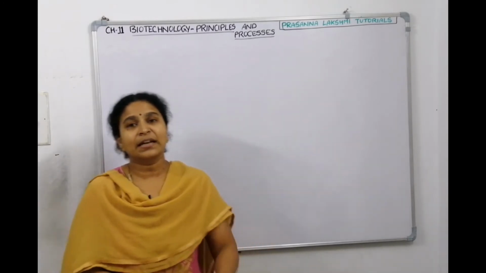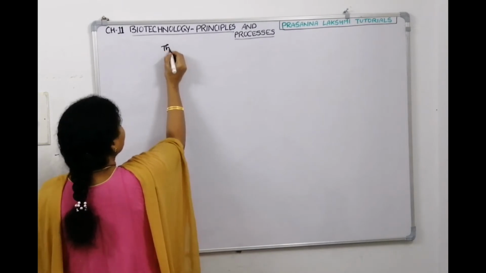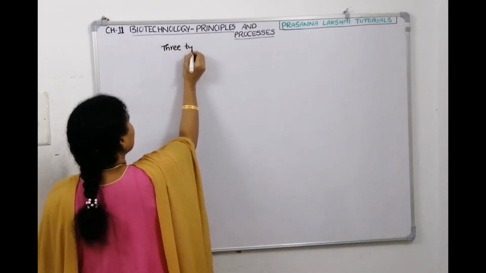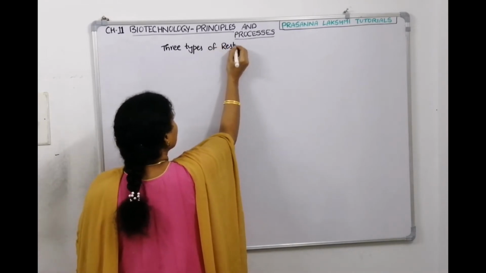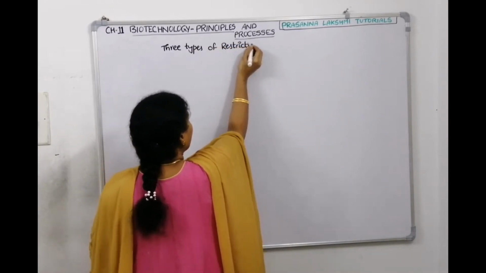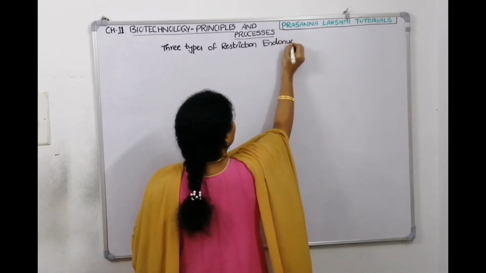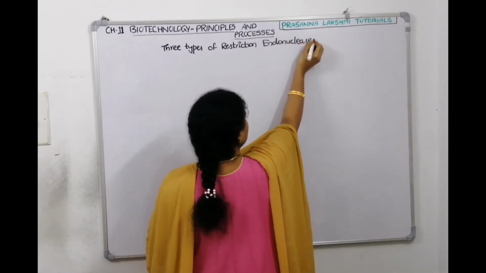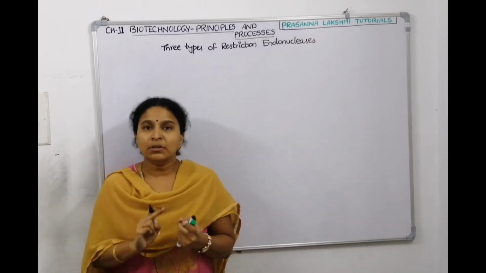Like that, here we can tell there are 3 types of restriction endonucleases: type 1, type 2, type 3.